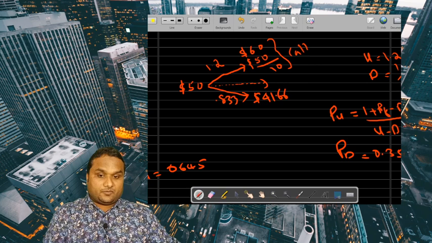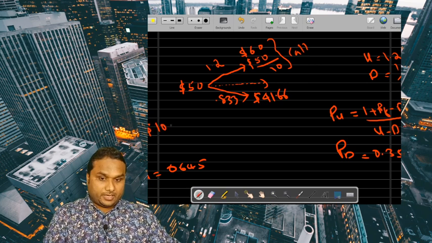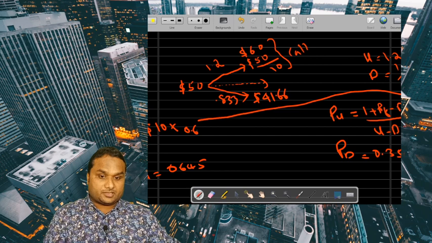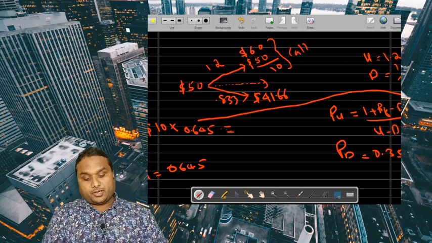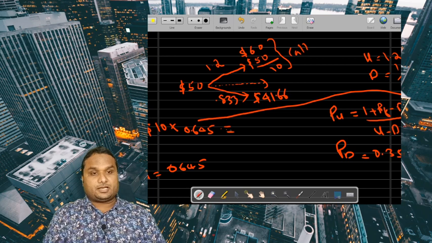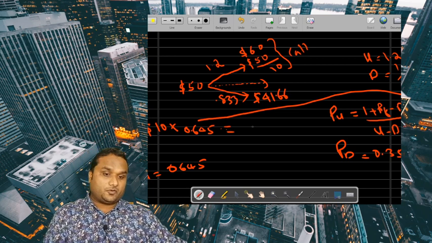The value of the call option is $10 after 1 year, and the probability of upward movement is 0.645, so 0.645 into 10 is 6.45.